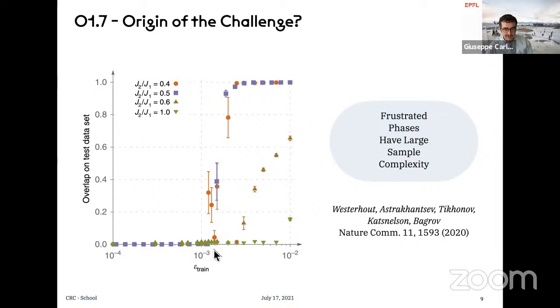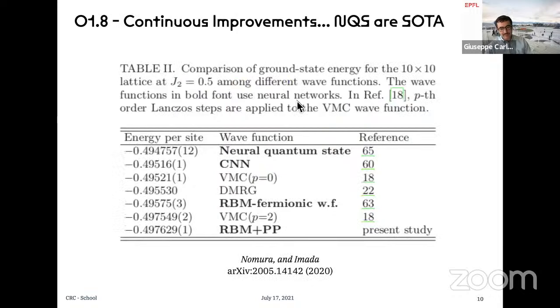So by moving from one regime to the other, you might need even 100 or 1,000 times more samples than here, which is, I think, pretty reasonable.